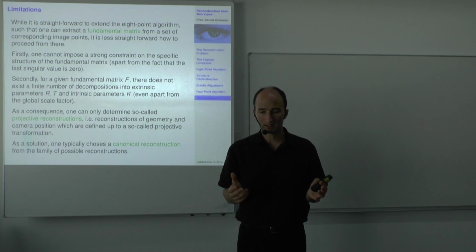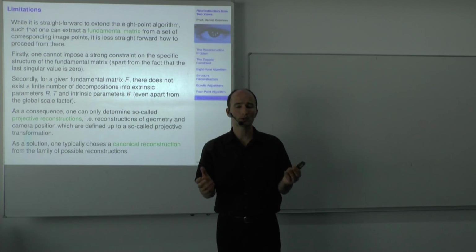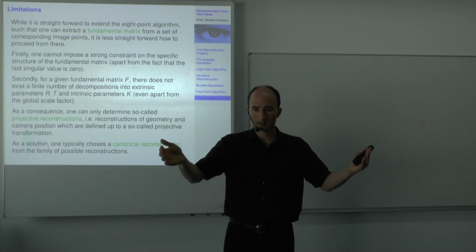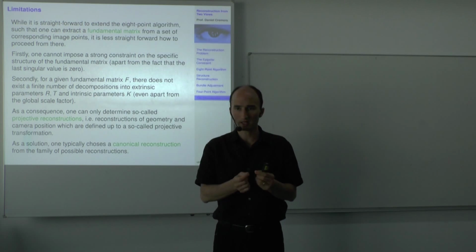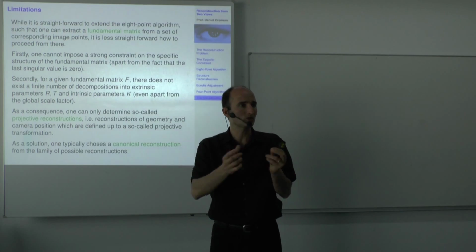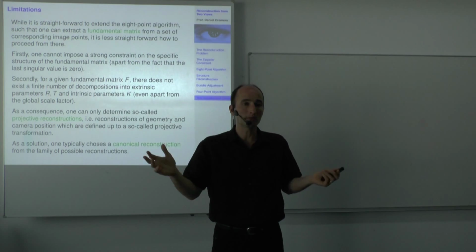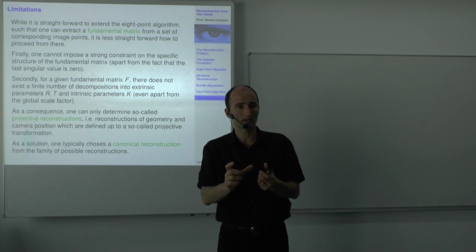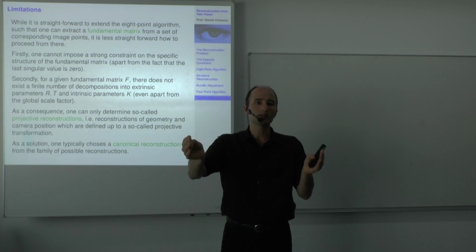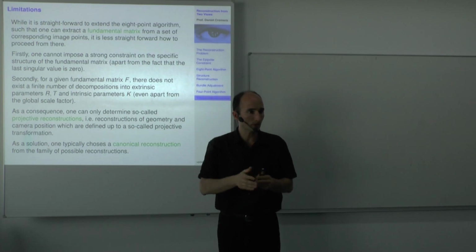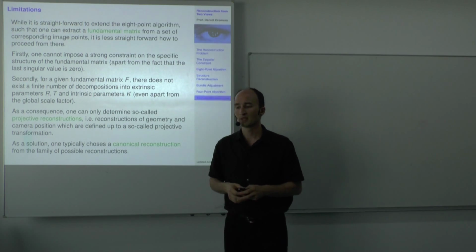Much like with the essential matrix, once we have to fix the scale, we can arbitrarily set it. We can define we want the baseline to be 1 meter or 1 centimeter, whatever, or relative to the size of our screen. We can normalize things.